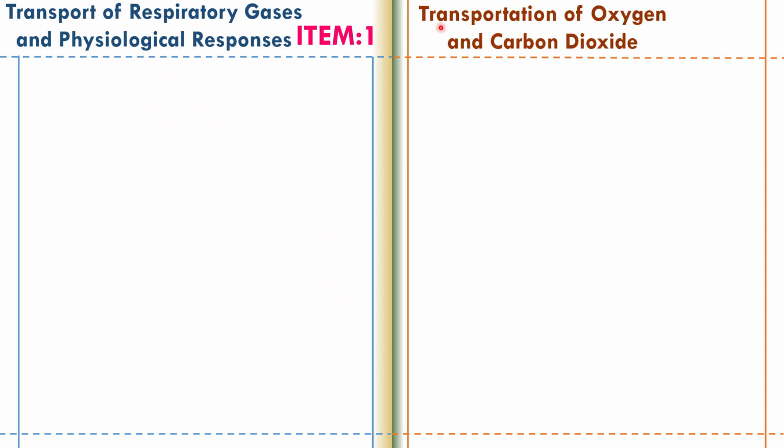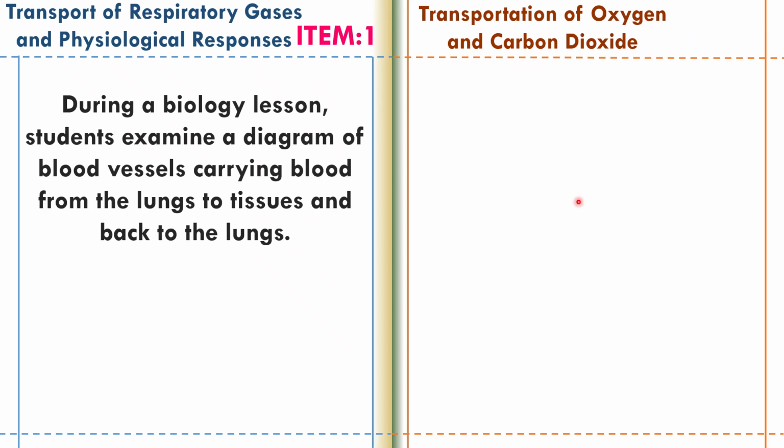So we are starting with transport of respiratory gases and physiological responses. Item 1. We are going to start by focusing on transportation of oxygen and carbon dioxide. During a biology lesson, students examine a diagram of blood vessels carrying blood from the lungs to tissues and back to the lungs.